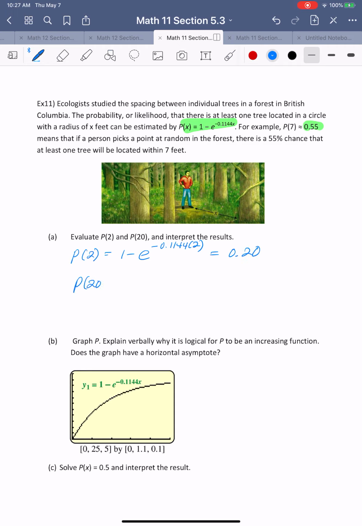And for 20, it's 1 minus e to the negative 0.1144 times 20, and I got 0.90. The interpretation is that there is a 20% chance that at least one tree will be located within a circle having a radius of 2 feet. And there's a 90% chance of at least one tree being located within a circle with a radius of 20 feet. And part B, graph.